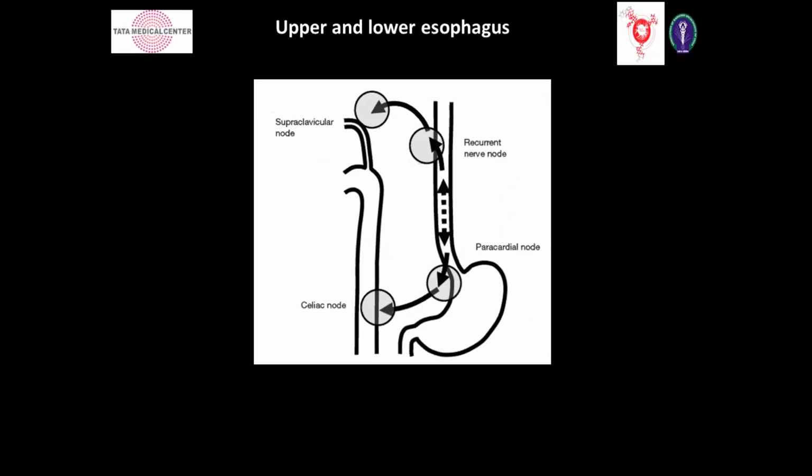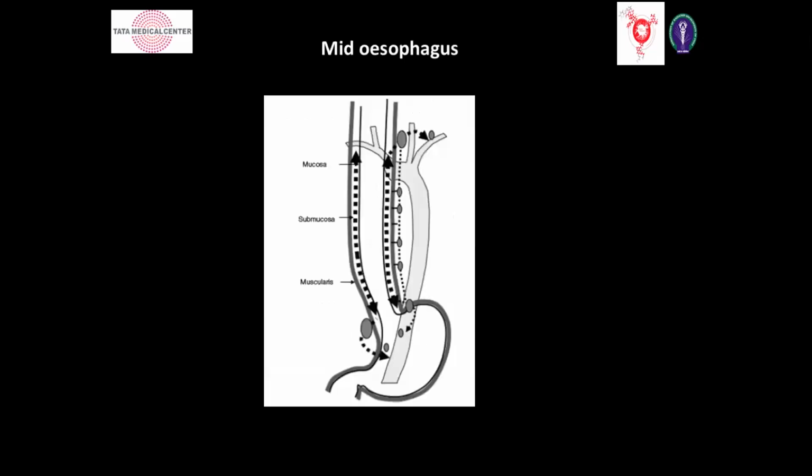Depending on the tumor location, the probability of lymph node spread up or down varies. Roughly, an upper thoracic esophageal cancer has a tendency to spread towards the neck, a mid esophageal cancer can go in both directions, and a lower esophageal cancer predominantly goes to the abdominal lymphatics.